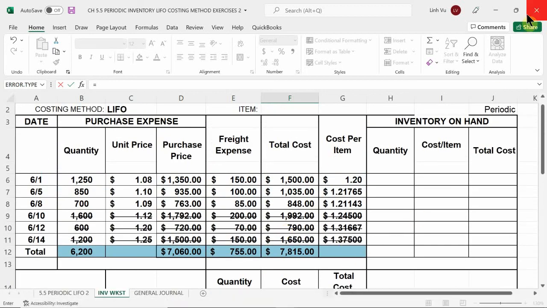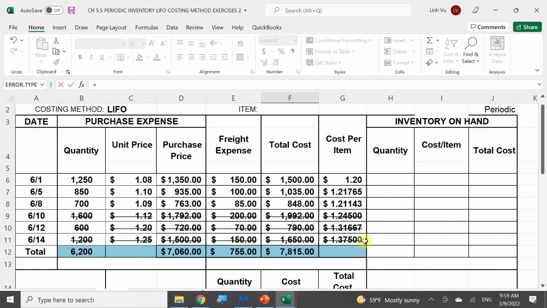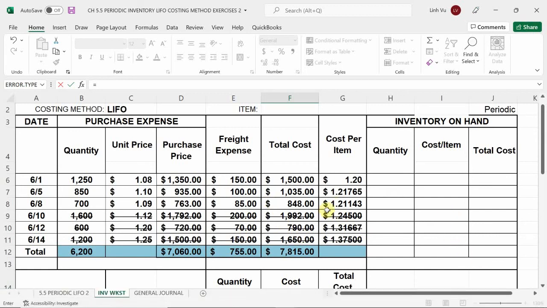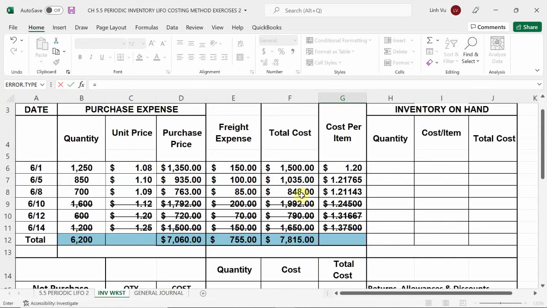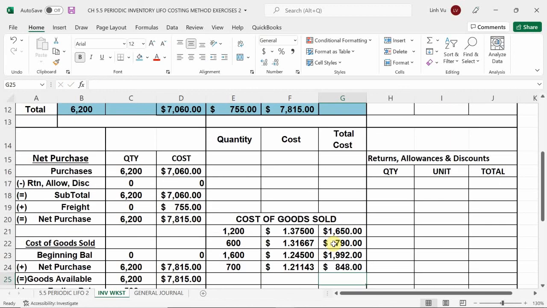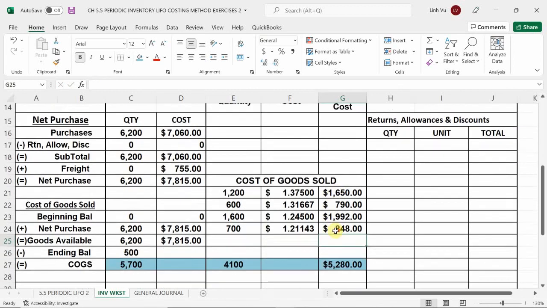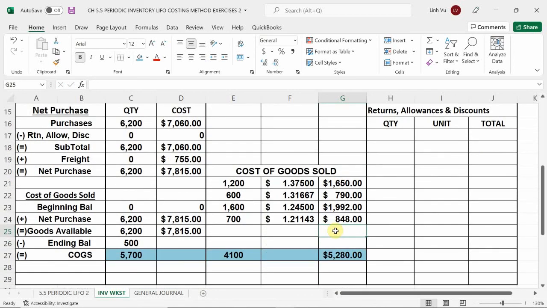It's going to cost me $1.1143, which I don't need to calculate because I already know that's going to give me a total cost of $848. Okay. So now that I got rid of 700, I'm at 4,100.